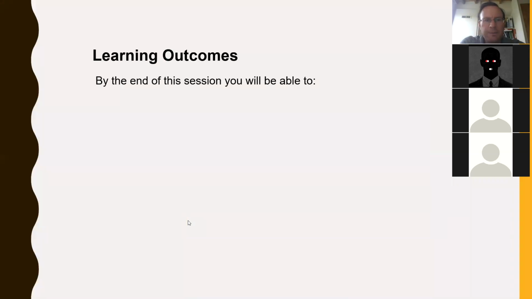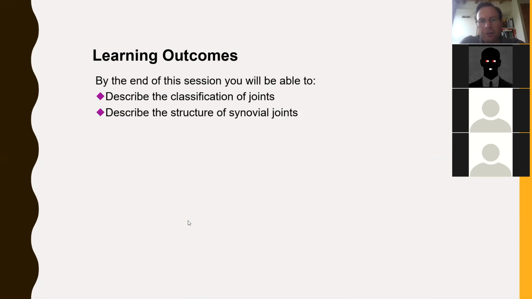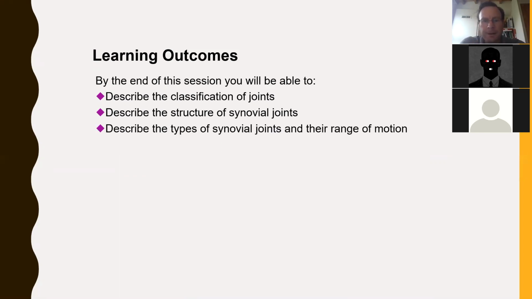By the end of it, you'll be able to describe the classifications of joints, and I'm going to give you a little time to complete that in your workbooks in session. You'll describe the structure of synovial joints, and I'll give you some time in the session to do that too.